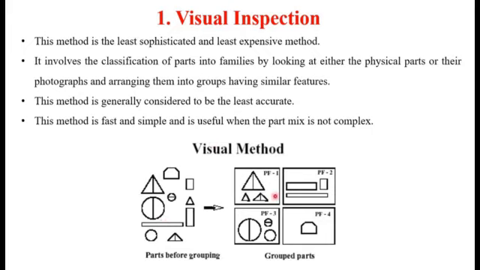When we form such families and group these parts, the efficiency of manufacturing can be improved. This method is generally considered the least accurate, but it is fast and simple and useful when the part mixture is not complex. In the case of simple components, the visual inspection method can be used.